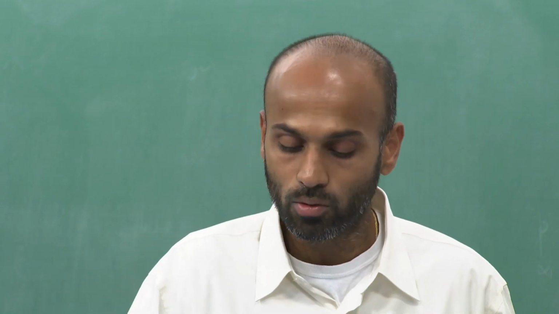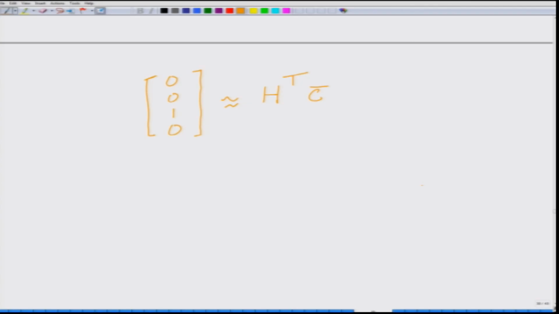So, if I denote this vector by 1 bar of 2, basically what this is, look at this, it has a 1 in the second position.